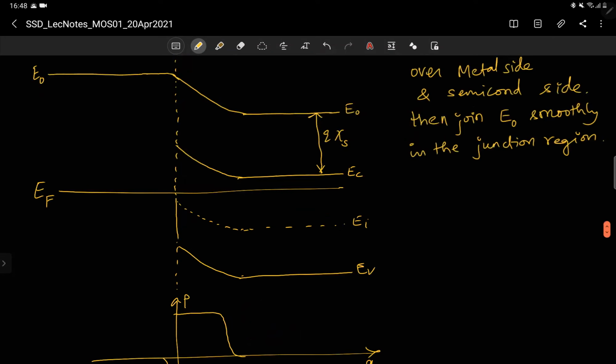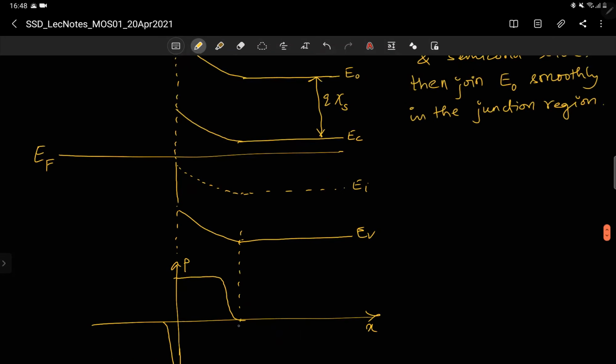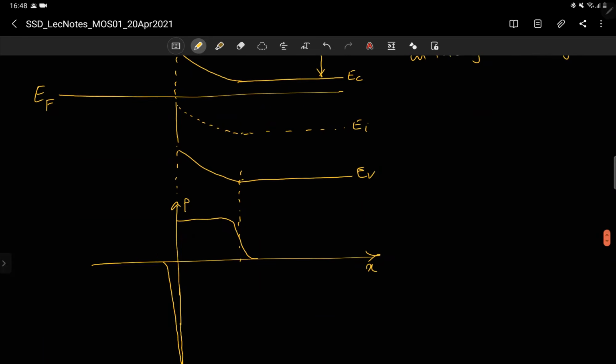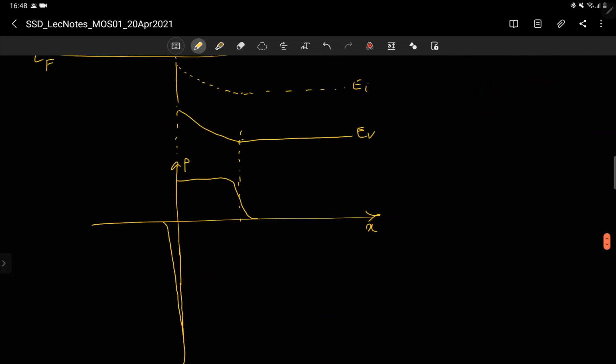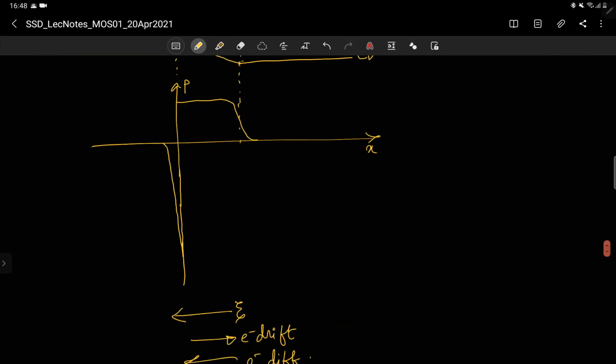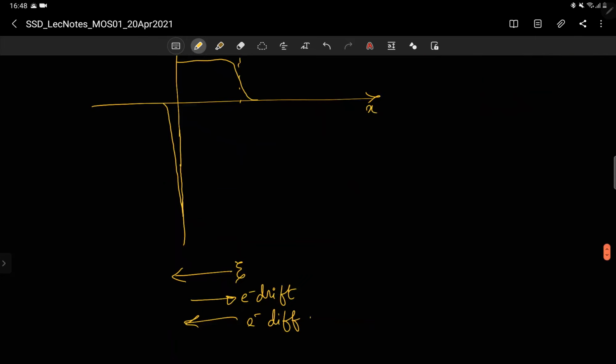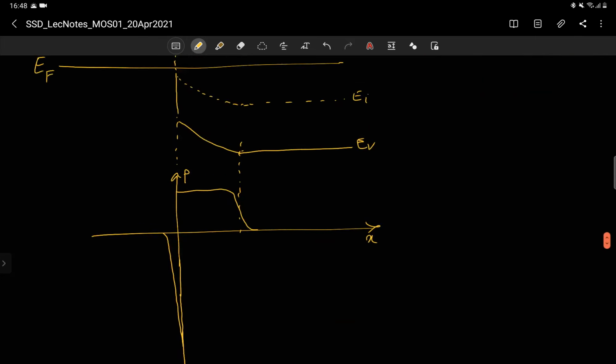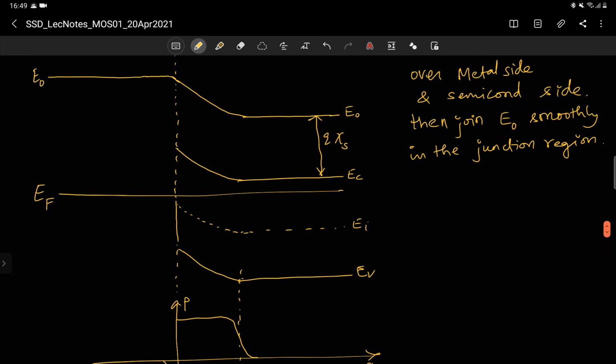So this is called the depletion region. In a metal semiconductor junction also, in this type of junction, there is a depletion region in which there is an electric field, and inside the depletion region, electron drift and electron diffusion balance each other under equilibrium. So it is like half the picture of a PN junction, just that the P region is replaced with a metal.